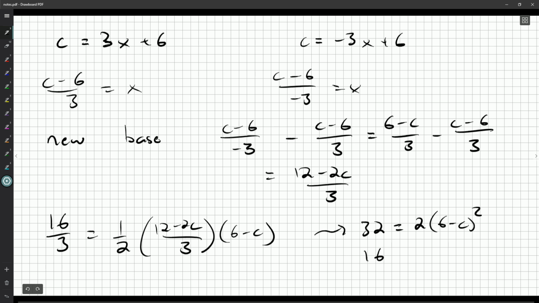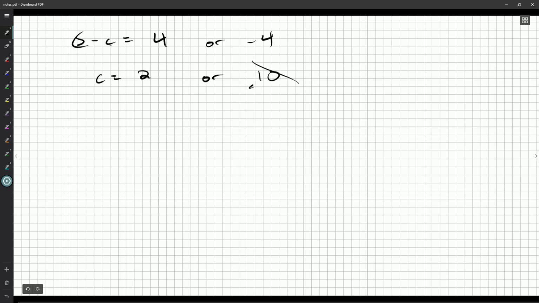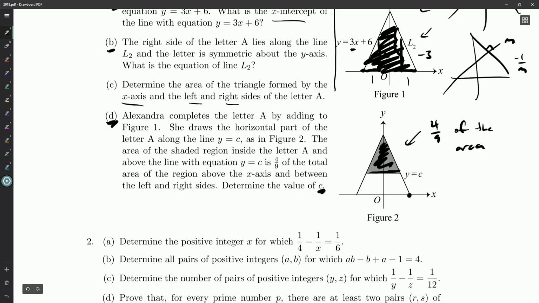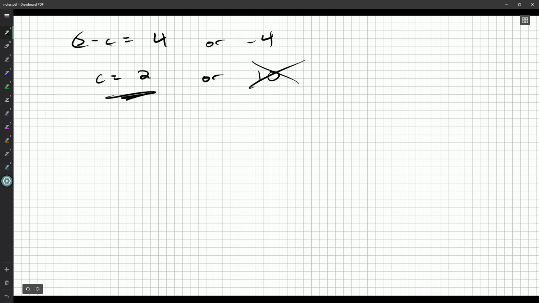Divide by 2, we get 16 is (6 minus C) squared. So 6 minus C is 4 or minus 4. And rearranging, we can say C is 2 or 10. That's too big, so C is 2, and we were just asked what C is, right? Determine the value of C? Yeah, 2. So that's one way to do it.